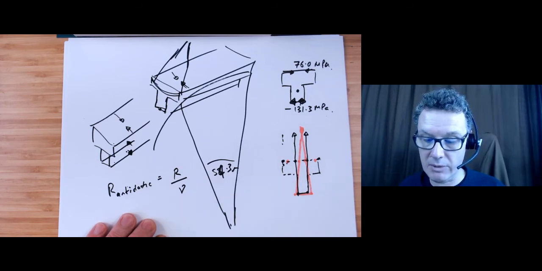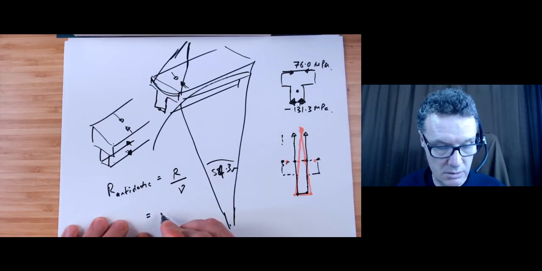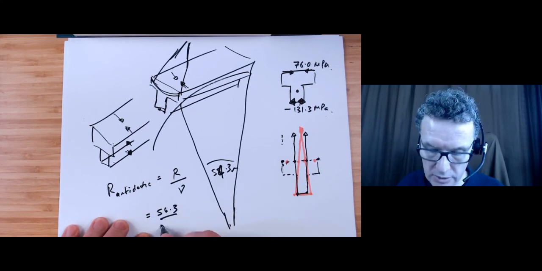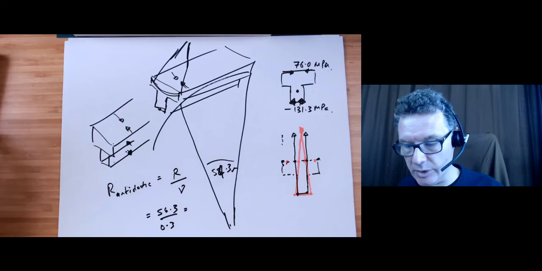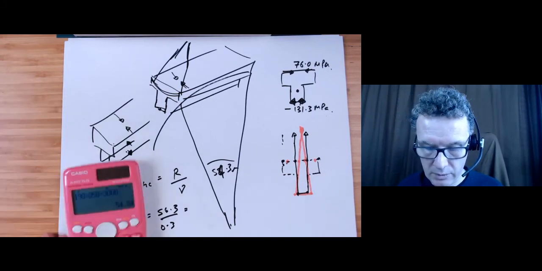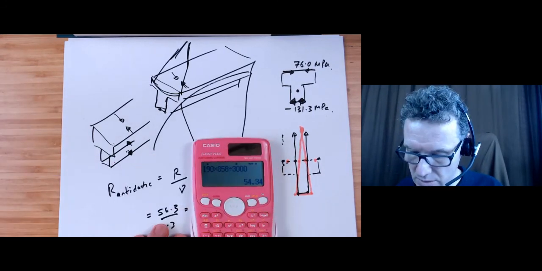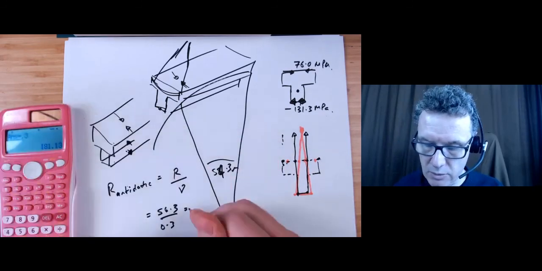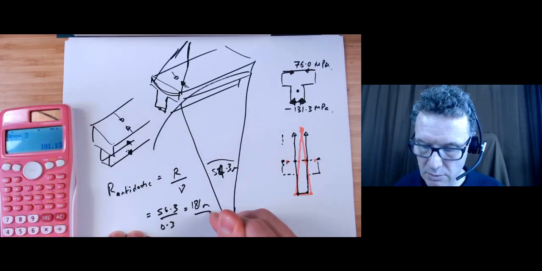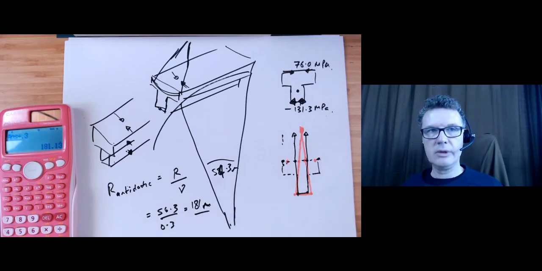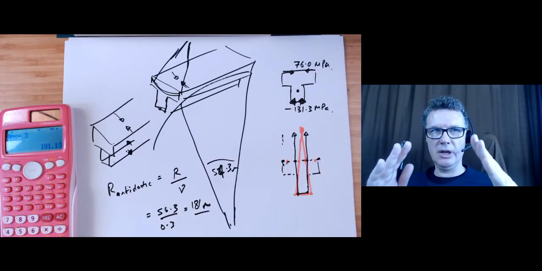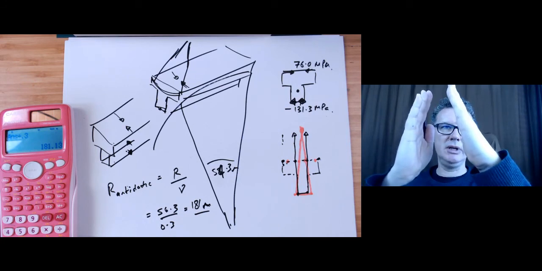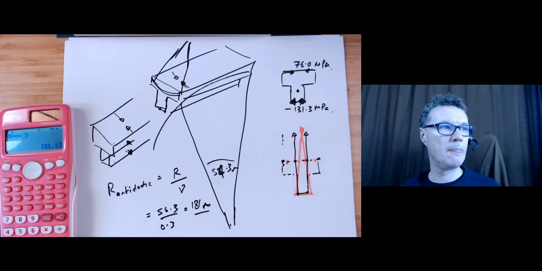That will give me a larger value: 54.3 divided by 0.3, so the last bit will be 181 meters. So trying to fit a curve around that particular section, it's going to be even further away.